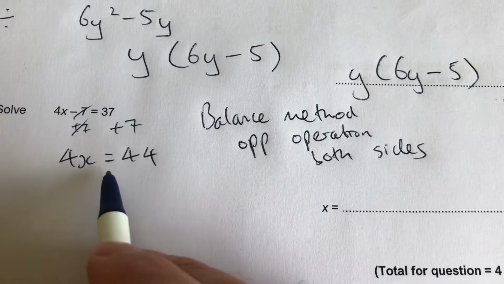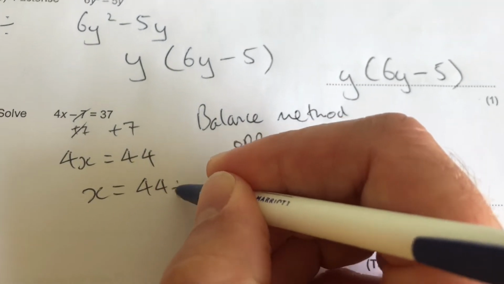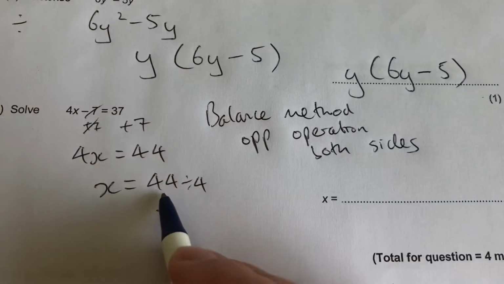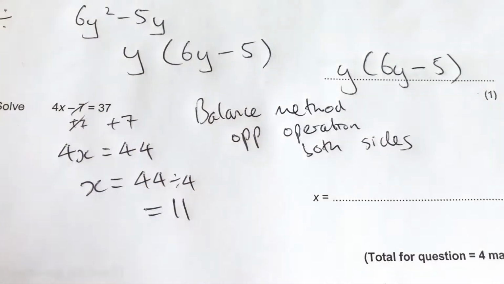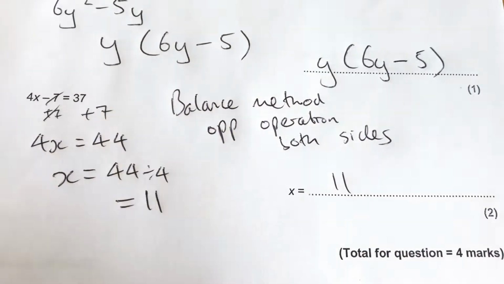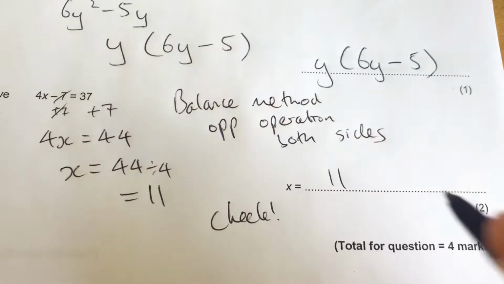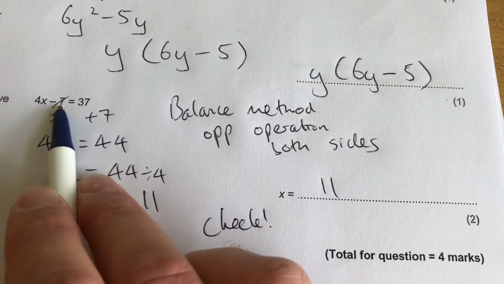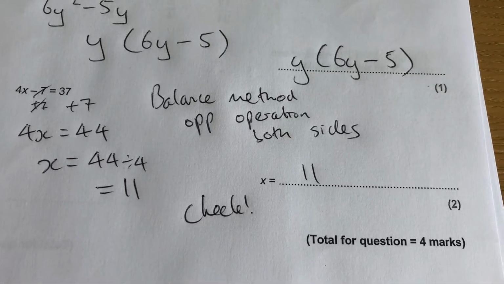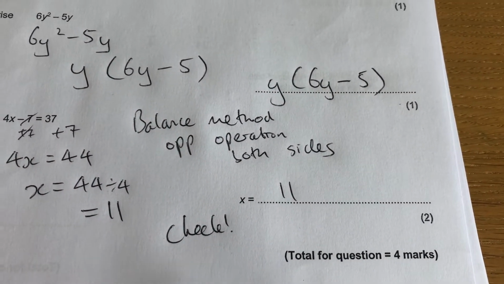And then 4 times x, so divide by 4, 44 divided by 4. Hopefully you know numbers that look so similar will be in the 11 times table. X equals 11. And again, check your answer. By substitution, 4 times 11 is 44, minus 7 is 37. Okay, another 2 marks in under 2 minutes there, so we're doing well.